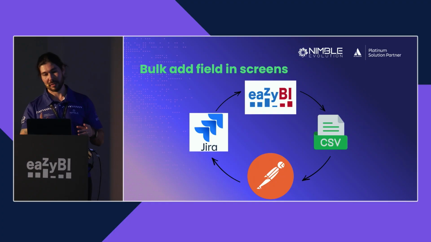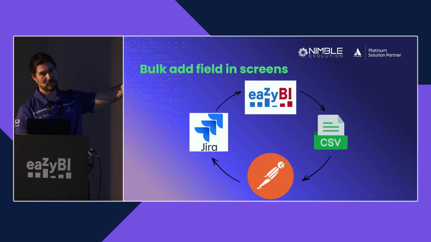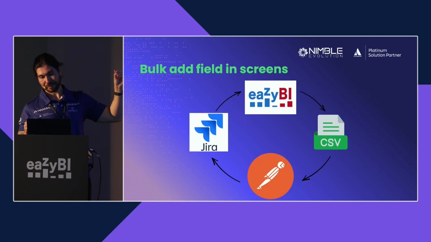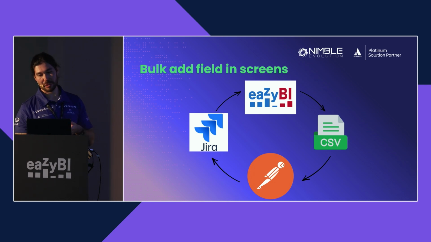So eazyBI gets data from Jira, which is the screens and tabs. We get them together, export it as CSV, and use Postman to add all of the fields into the screens.